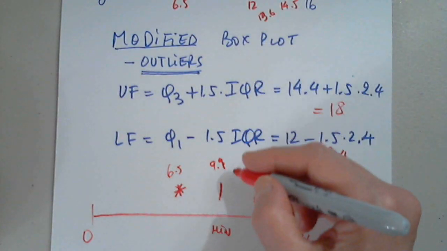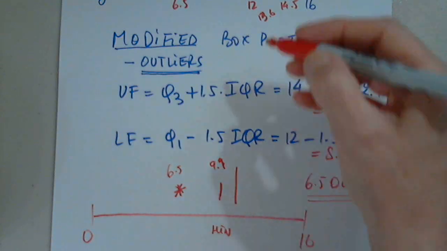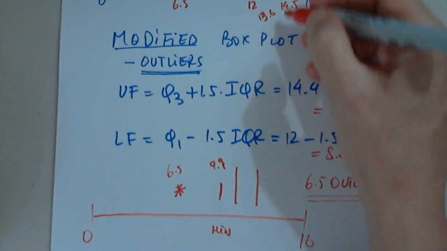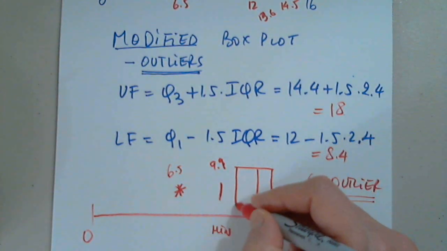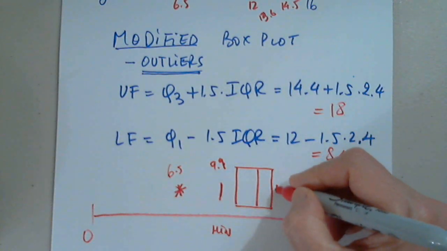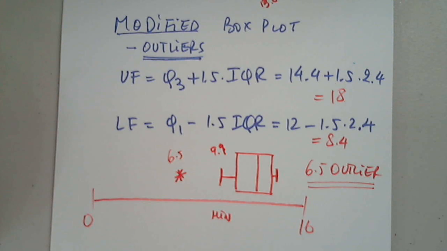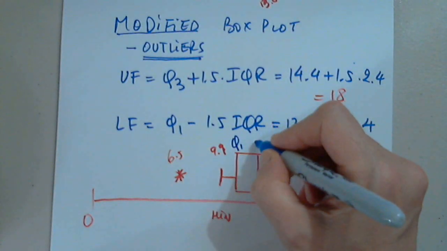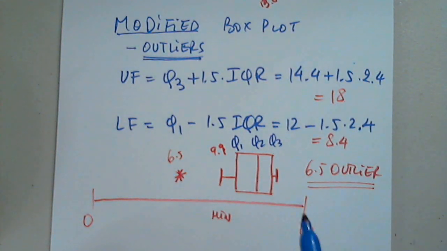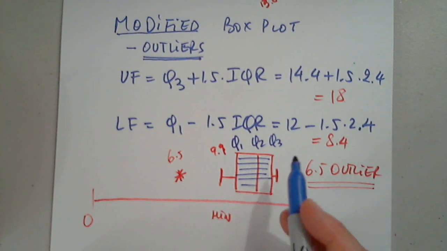And then I copy the rest. Nothing else changes. I just don't want to waste your time putting the numbers in, because you got the picture. This is the modified box plot, specifying the outlier. The next in line becomes the minimum, which this time was 9.9, and everything else, Q1, Q2, Q3, still contains this box.